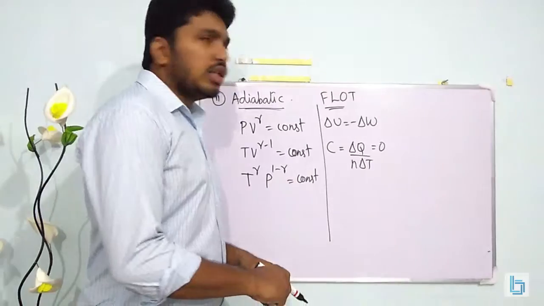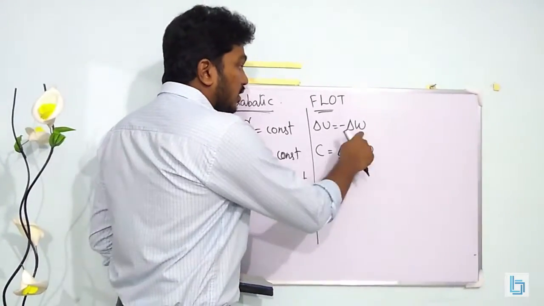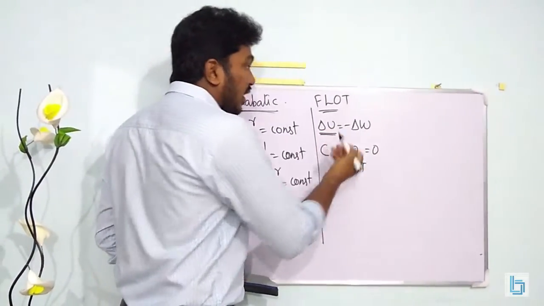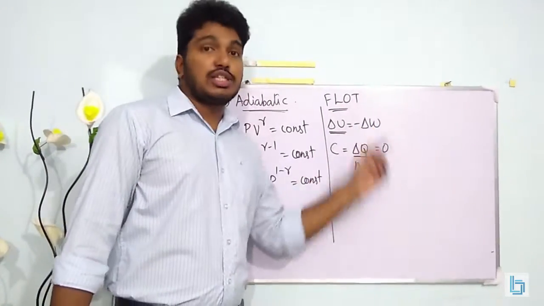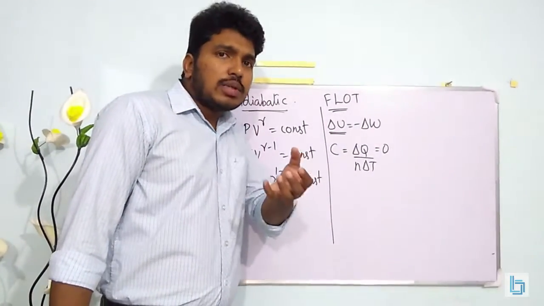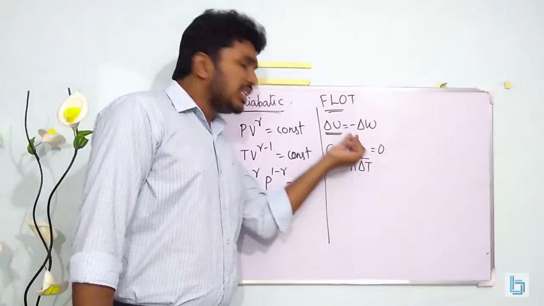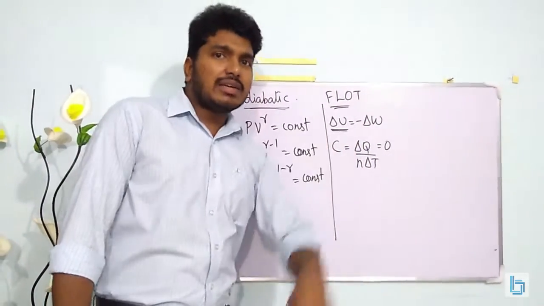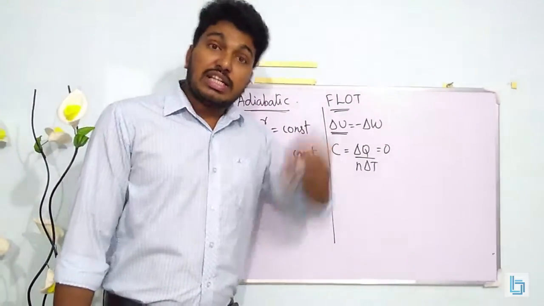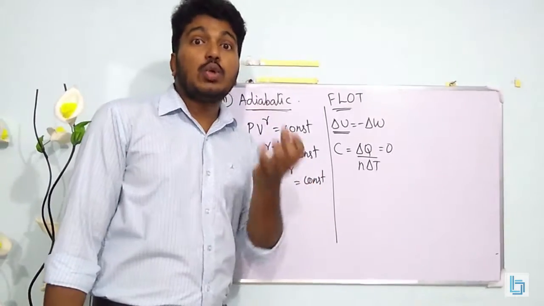Okay, now to find the work done, we know that the change in internal energy is equal to minus delta W, right? So while teaching the sign convention, I told you that if delta U is negative, that means there is a decrease in the temperature. If there is a decrease in the temperature, it means it's a cooling effect.